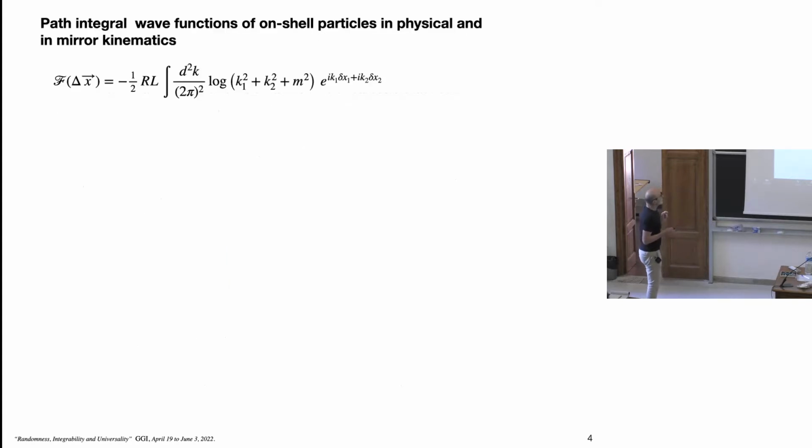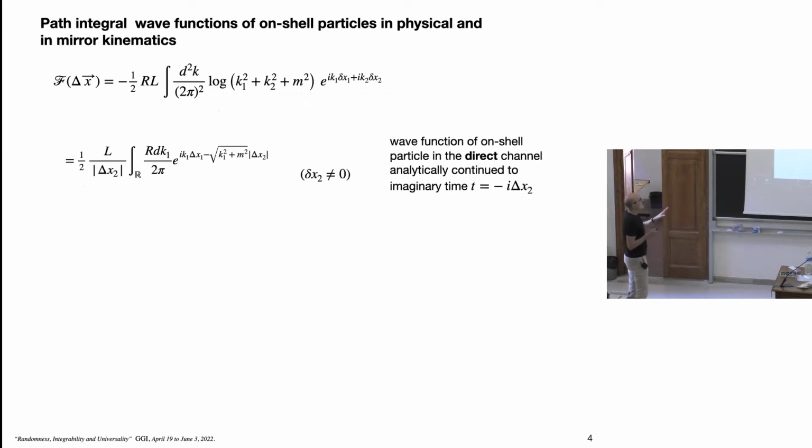So I will do something different, not explicitly computing this integral, but taking one of the integrations. Say here I integrate over the second coordinate of the momentum, k2, and if you do the integral by residues, you obtain this single integral already. So this is something which is familiar.